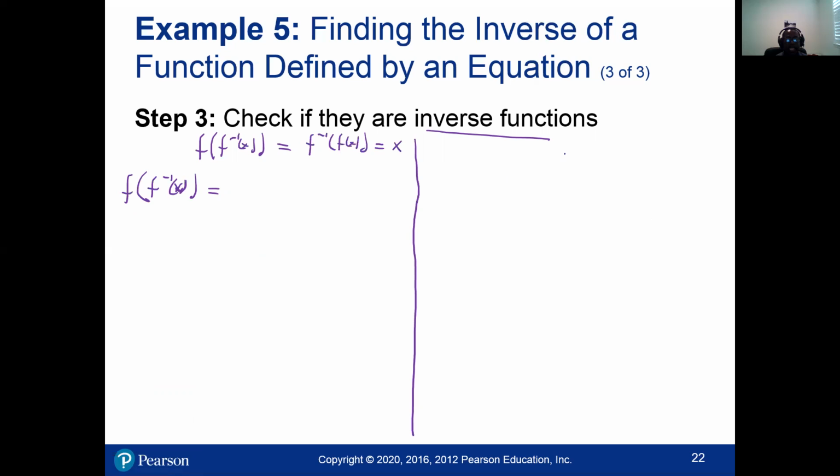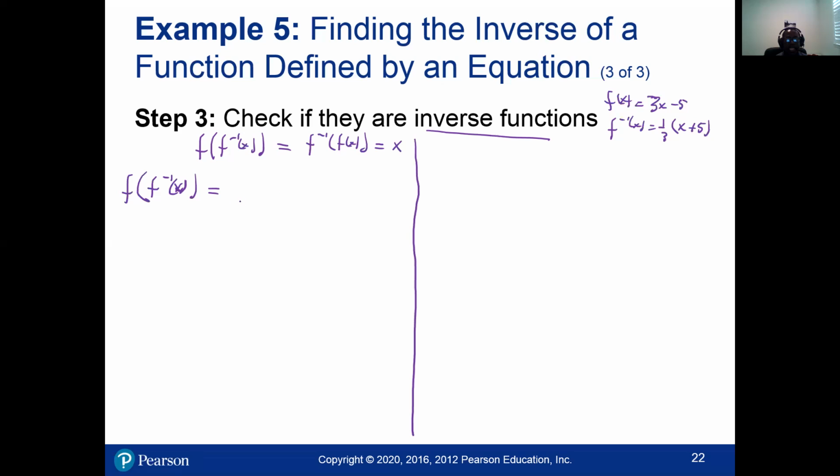By the way, what are the functions? Let's write f of x here. f of x was 3x minus 5.